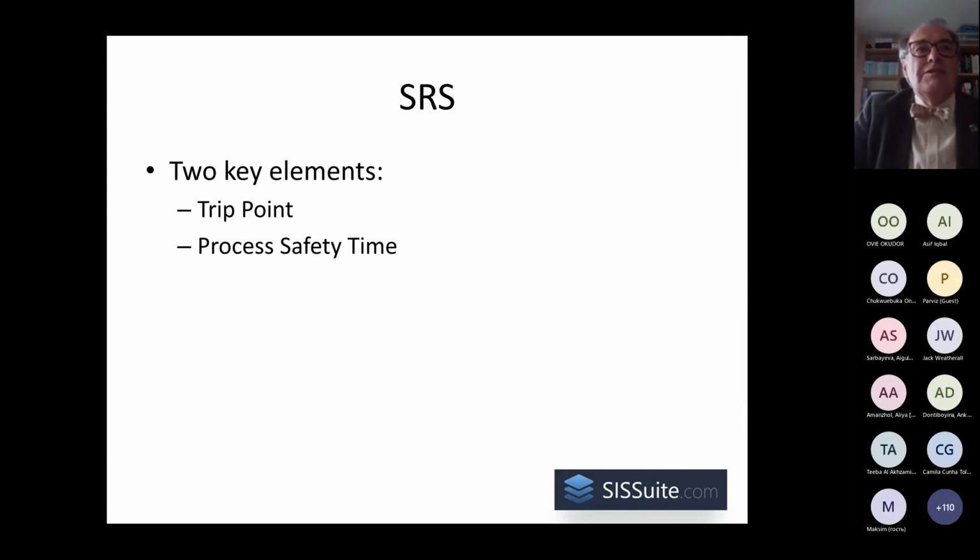One is the trip point itself, at which the SIF is invoked, and also, of course, the process safety time, the time available in which to suppress the hazard that is arising in the process.